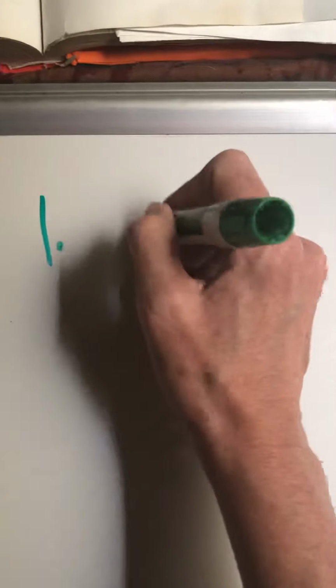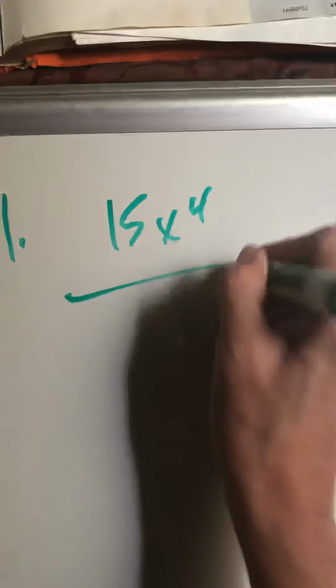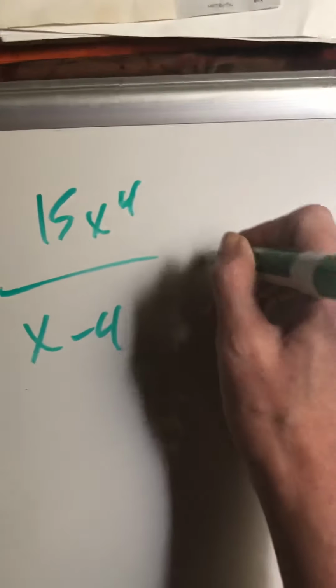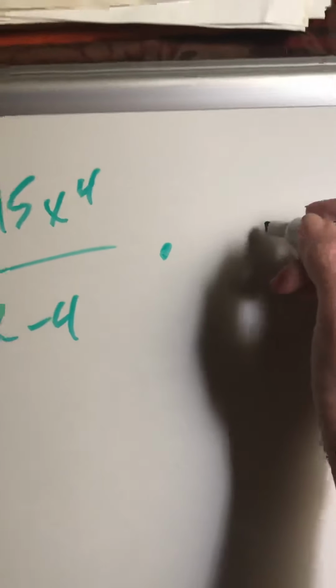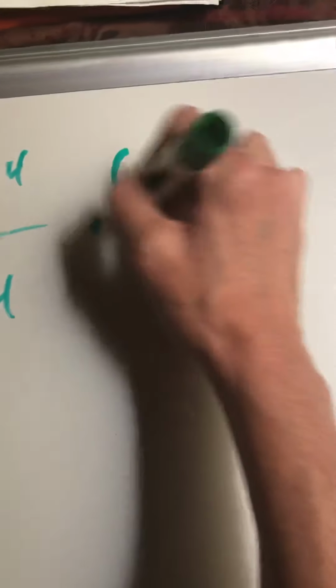Then for 1 and 2, make sure that you factor everything before you cancel. So on 1 and 2, you need to factor. For example, I'll just show you on 1. It's 15x to the 4th over x minus 4. Then that x squared minus 10x plus 24 is x minus 6, x minus 4.